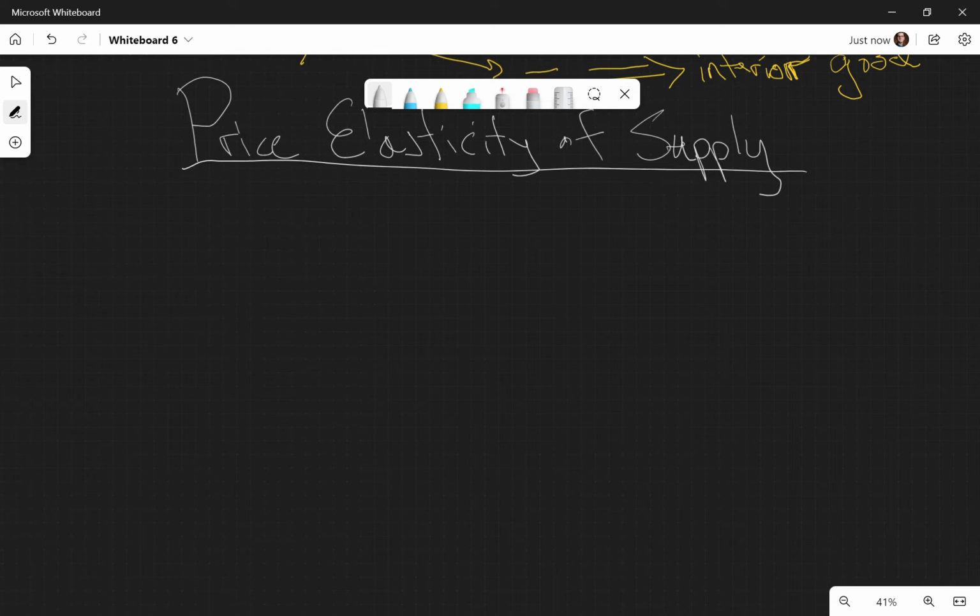So our price elasticity of supply is measuring the percentage change in the quantity supplied given some sort of percentage change in the price.